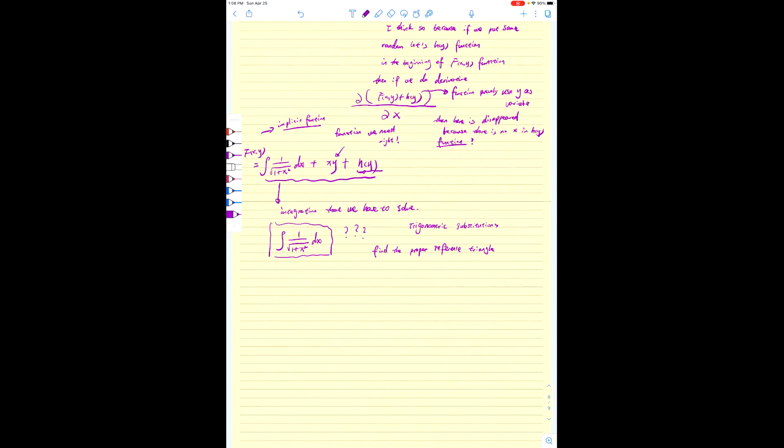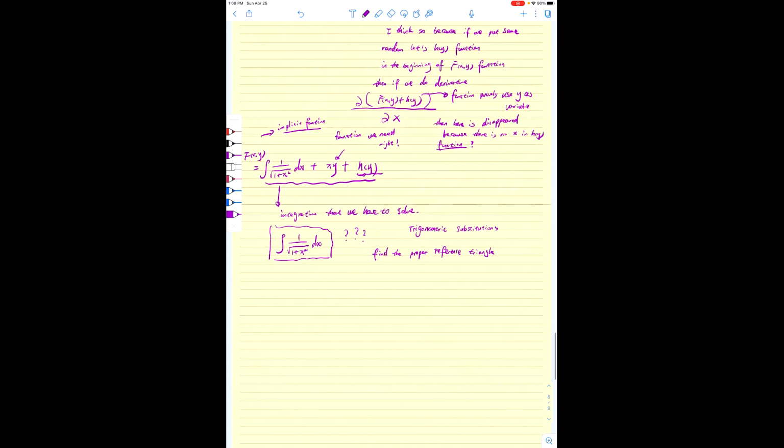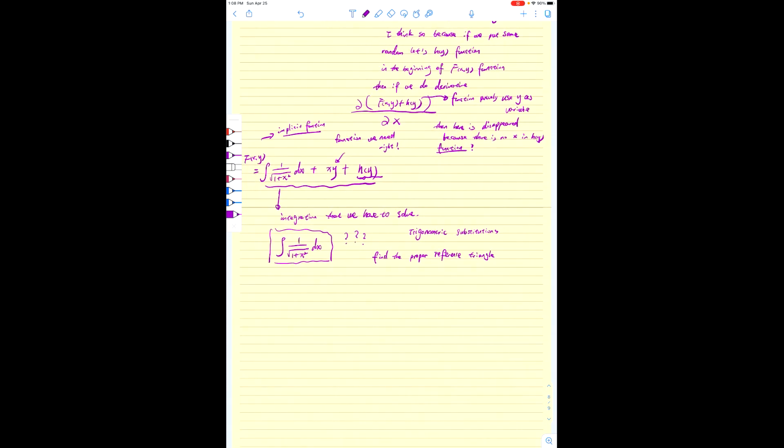So the only thing left for the function is this integration that we need to solve. Then how are we going to solve it? We need a trig substitution. In order to do trig substitution, we have to find the proper reference triangle. Remember, we have three reference triangles.